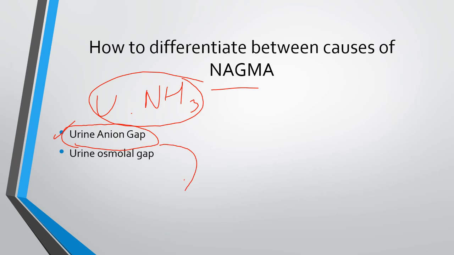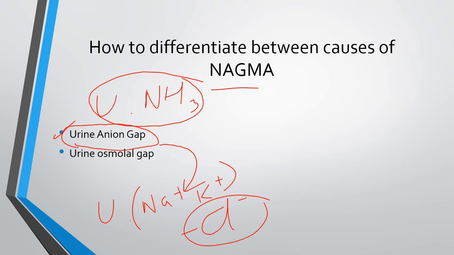Urine anion gap, what is it? It is urine sodium plus potassium minus urinary chloride. In a normal situation, will this be positive or negative? In a normal situation, this will be negative because urinary chloride is high, because chloride combines with ammonia to form ammonium chloride.